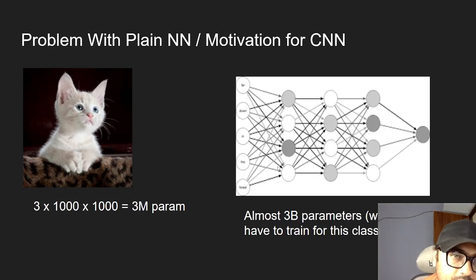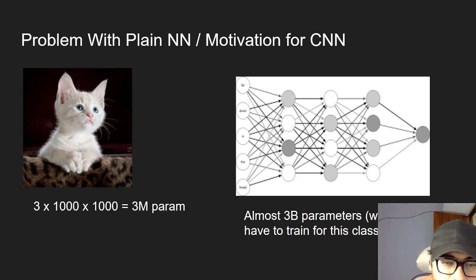Now what is the problem with a plain vanilla neural network, and what is the motivation for CNN? Let's say you have the same cat image, with a little higher pixel density. So instead of 64 cross 64 you have 1000 cross 1000 as height and width.